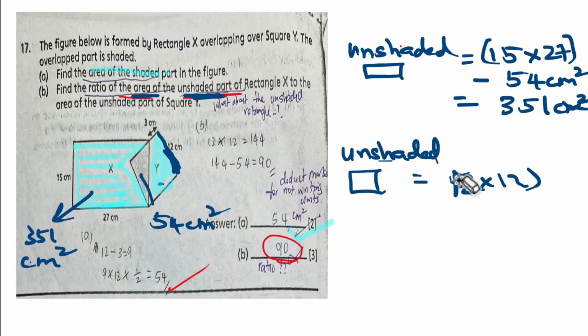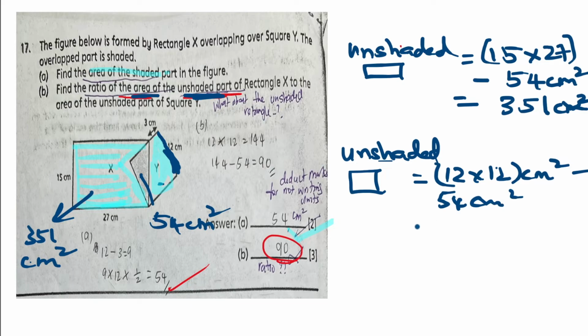Sorry for the horrible handwriting. 12 times 12 centimeter squared minus 54 centimeter squared will actually give you the area. So it's asking you what is the ratio between the rectangle and this square unshaded.